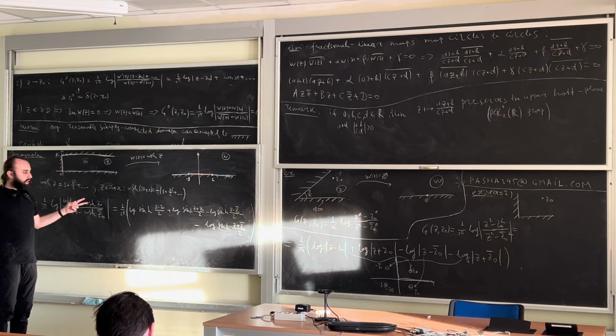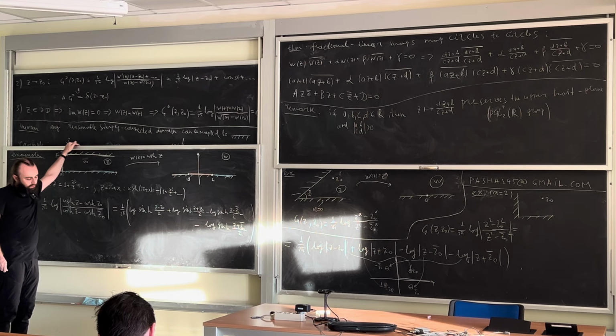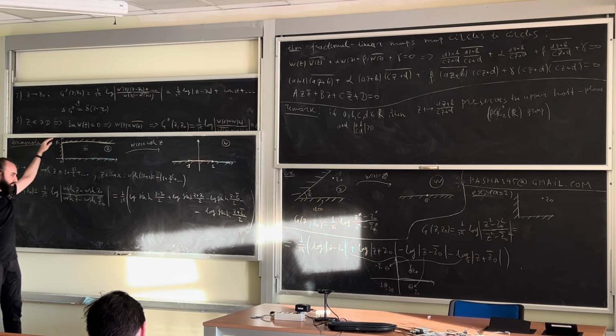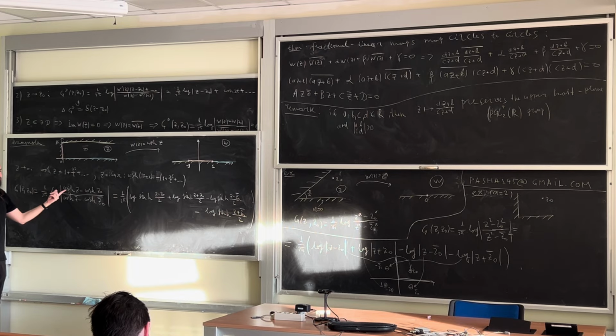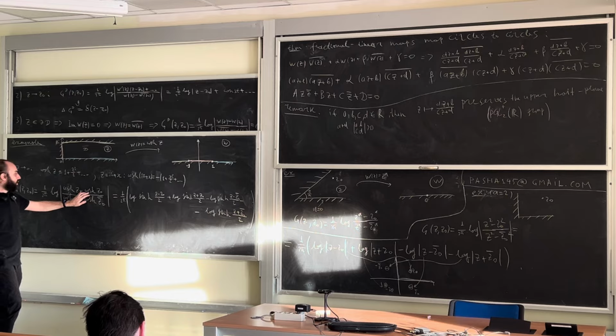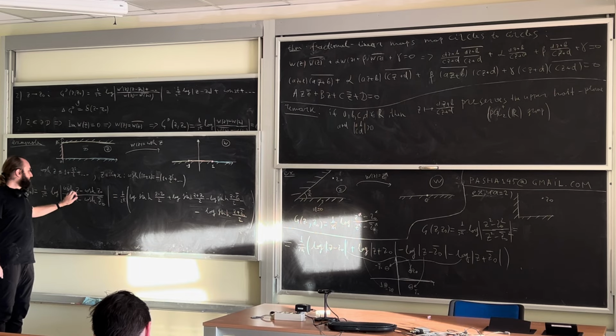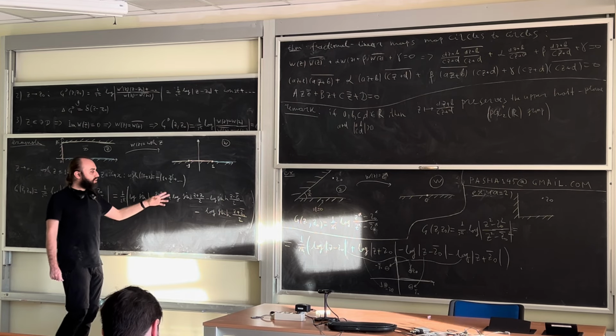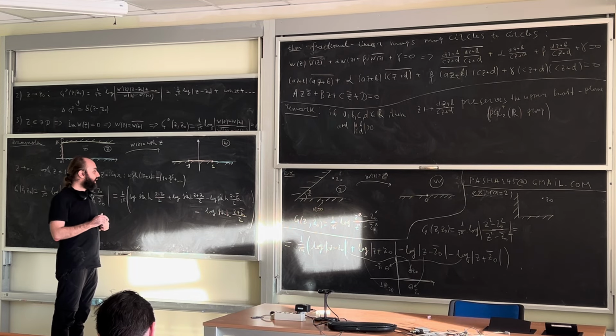There are simply such formulas. You can check them, or you can get them from a general argument that this function vanishes when z equals z0 and when z equals minus z0, and it is also periodic. So there is such an expression.